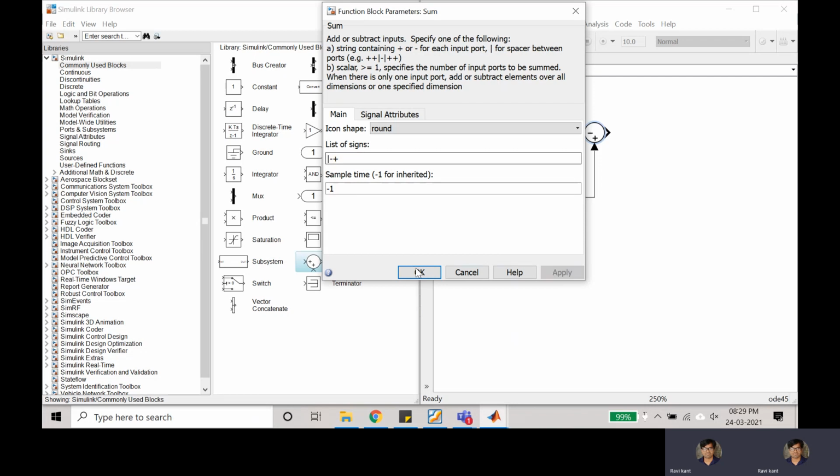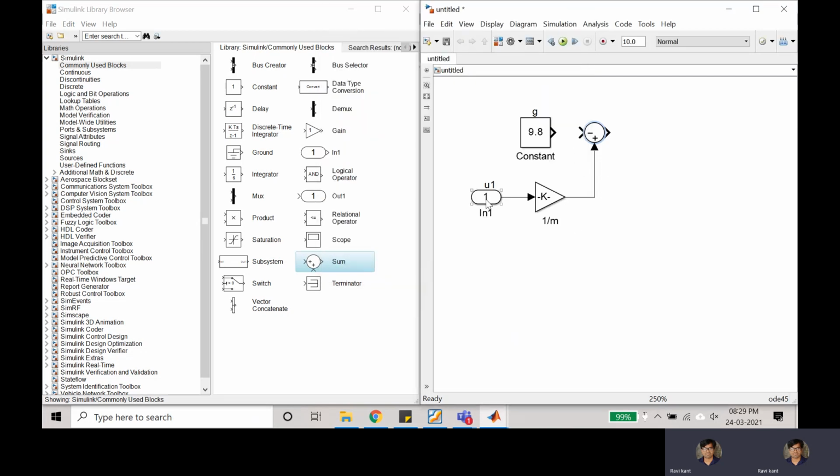Minus and plus. Right? So this u1 times 1 upon m is going to be subtracted from your g. Okay. And whatever signal is coming out, what is this signal? z double dot, right? So I will write z dot dot, or z dash dash.